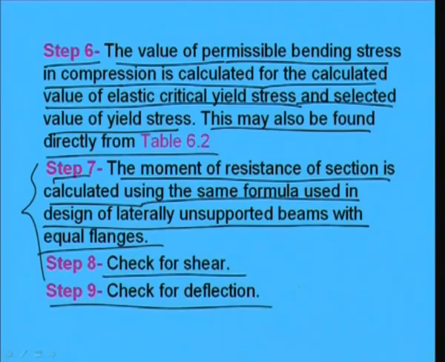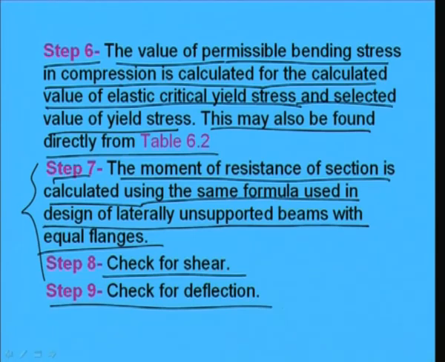So, in this way we can design unequal flanges of beams and plates which are unsupported laterally, right. So, this was the thing which I could not finish in the last lecture; we have discussed it here.